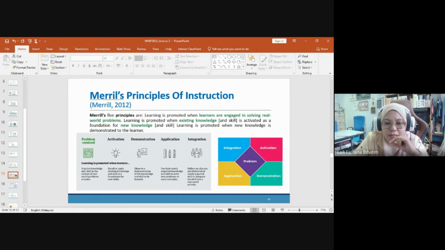So after that you implement it and you integrate it. So here integration means reflecting on discussion, defending their newly acquired skills, or integrating the skills into a real world activity. Okay, this is Merrill's principle of instruction.